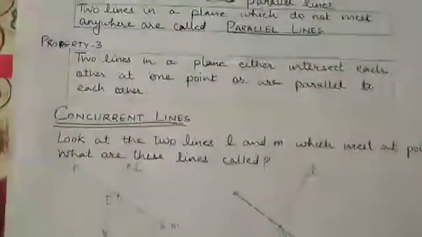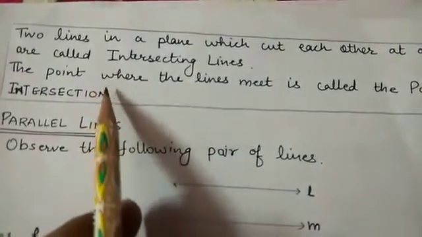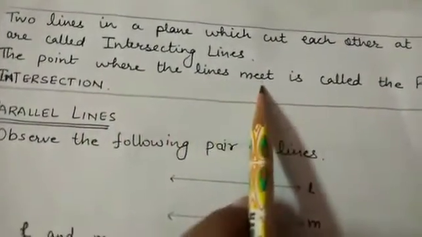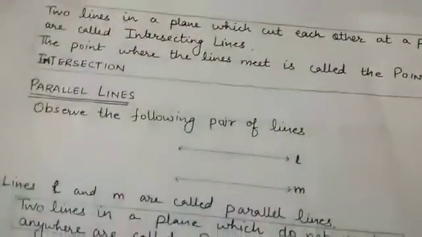Now, if two lines cut each other at a point, then the lines are called intersecting lines, and the point I have drawn there, D, where the lines meet, is called the point of intersection.